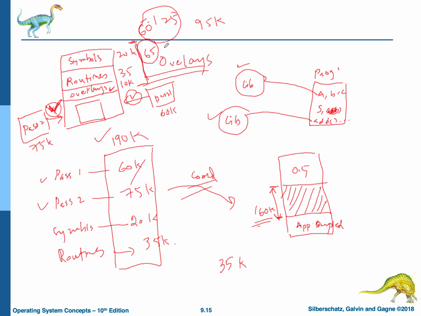Now 65 plus 75 becomes 140. 140 out of 160 means we are still saving 20K from the space of main memory. So this is what we call overlays. This is actually the third approach which is not given in your book.